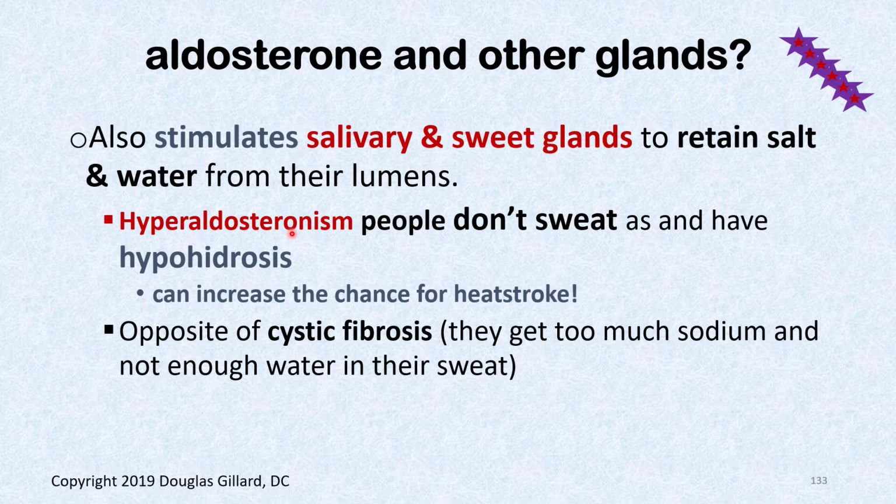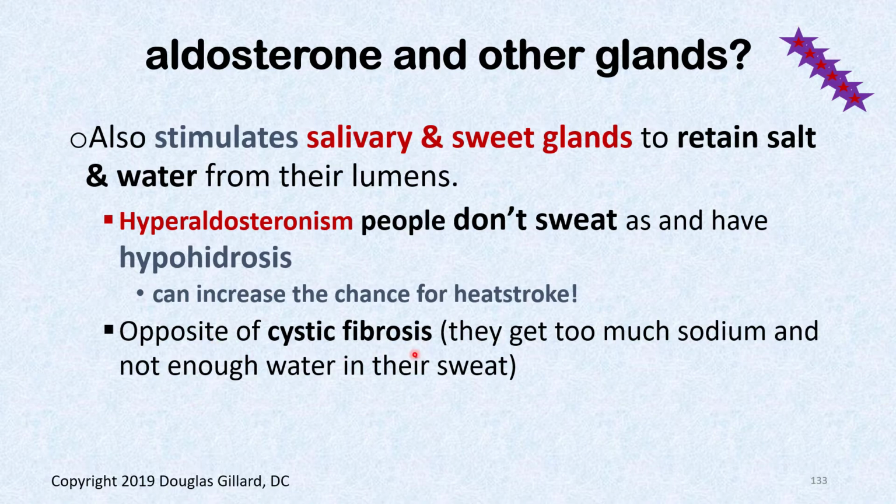You're going to kick too much potassium and hydrogen ion out. But if you conserve too much salt and water, people don't sweat very good. And in fact, some of you people who have problems with sweating, that might sound great. But people can die of this. They have to be really careful of heat stroke who have hypohidrosis, who don't sweat enough.